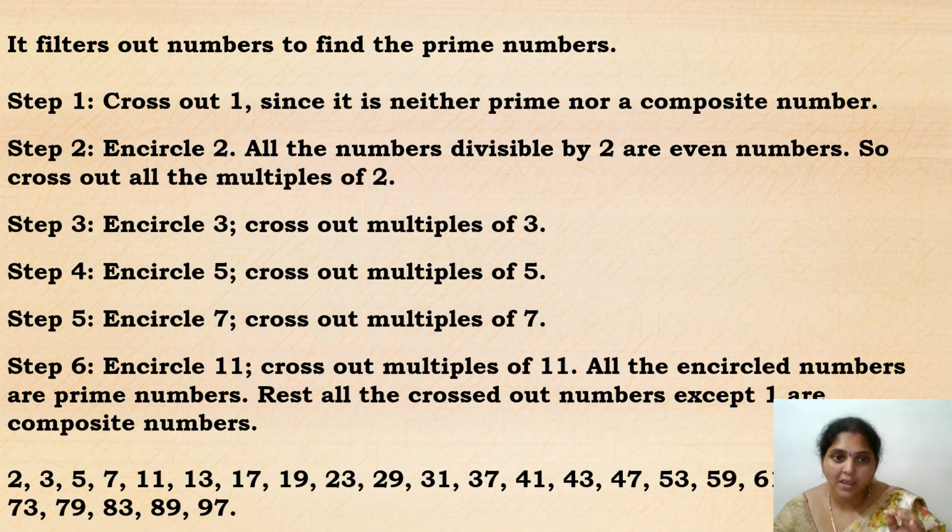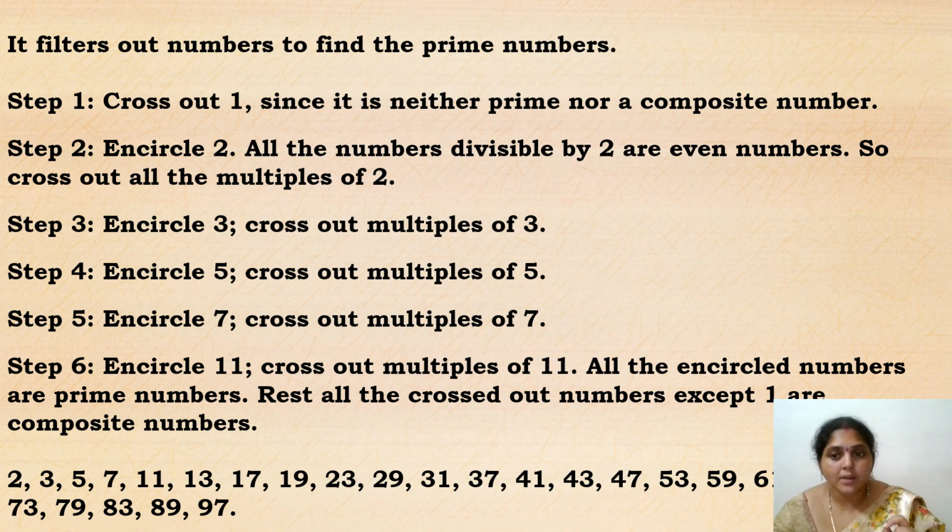In the same way, don't strike 11, but strike off the remaining multiples of 11. All the encircled numbers are prime numbers. All the rest of the crossed out numbers except 1 are composite numbers.